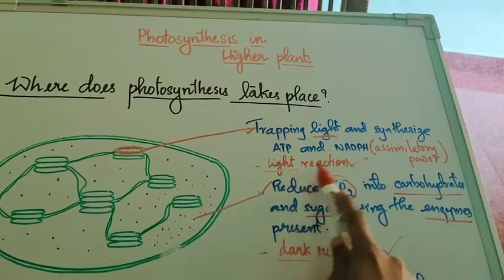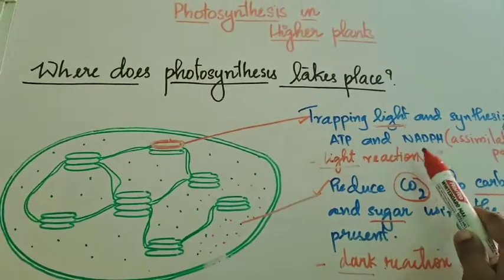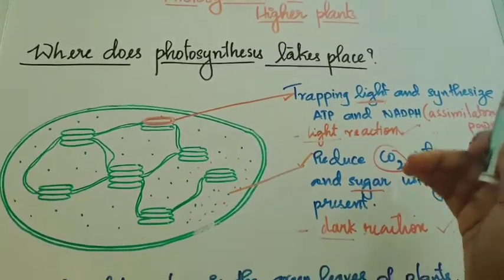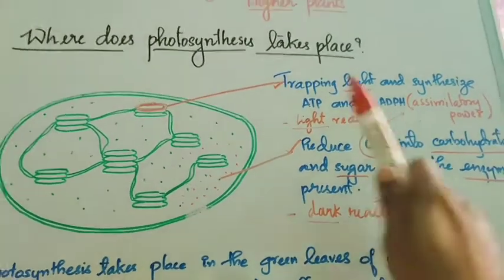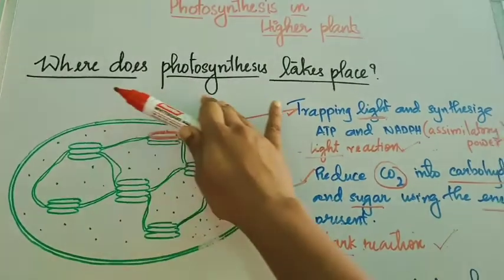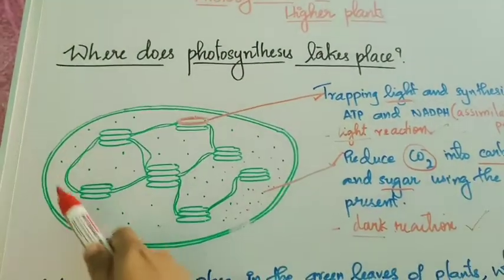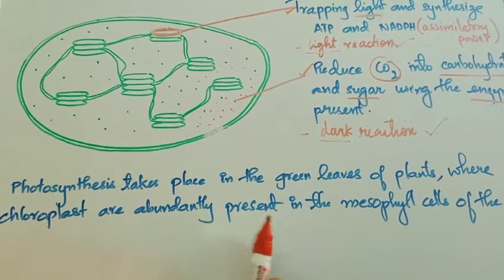We'll be learning light reaction and dark reaction separately, and you will understand that there are a lot of further simplified sets of reactions in light as well as dark reactions. So I hope you understood how to answer the question, where does photosynthesis take place? It takes place in the green part of the leaves, wherein chloroplasts are abundantly present.